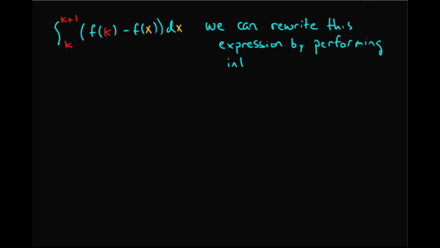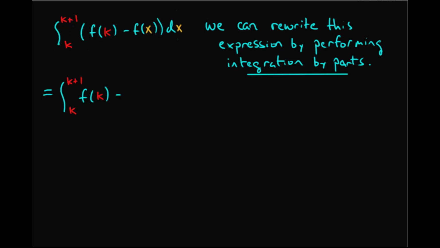We can rewrite the expression by performing integration by parts. And you'll recall integration by parts takes an integral of the form u dv, and it rewrites that integral. So here I'm going to set u as f of k minus f of x, the expression f of k minus f of x. And then for dv, I'm going to write 1 dx. I'm putting that 1 there, although it might seem superfluous, because it's going to show up in integration in a moment.